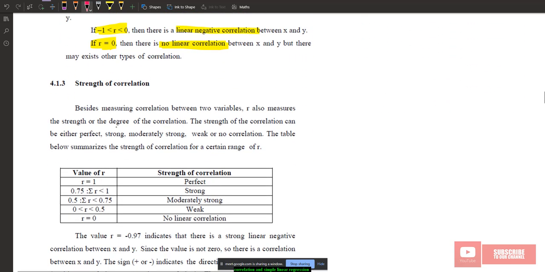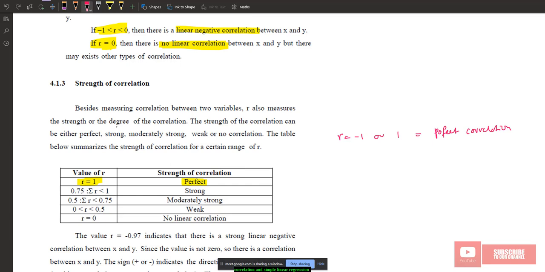So the strength of correlation, right? We can divide the strength of correlation. When you get the value of R exactly equal to 1 or -1, we can say that it is a perfect correlation, disregarding the negative sign, right? If you get 1, perfect positive correlation.